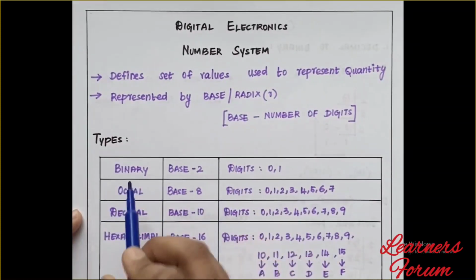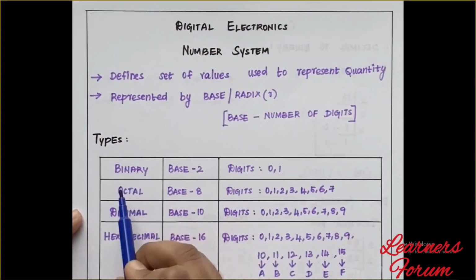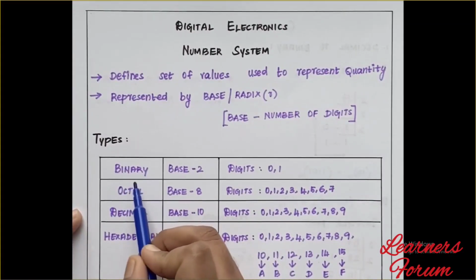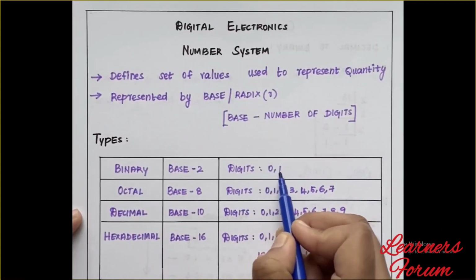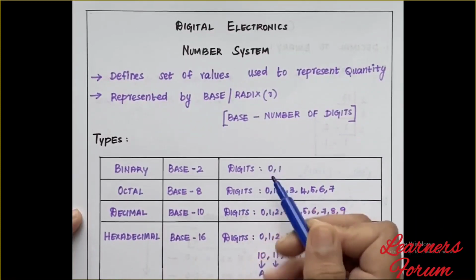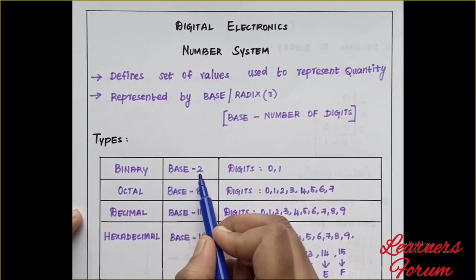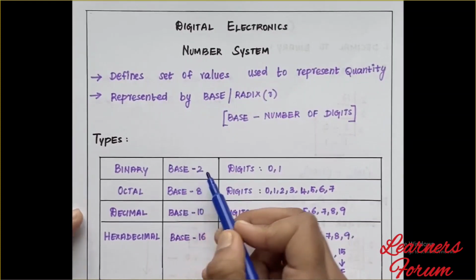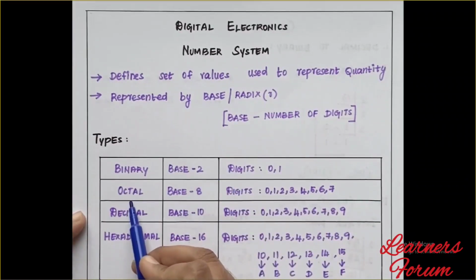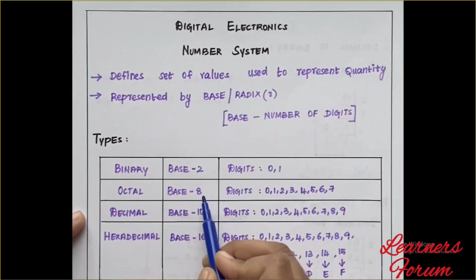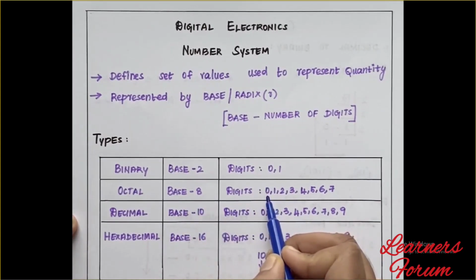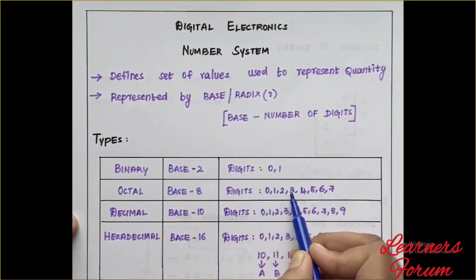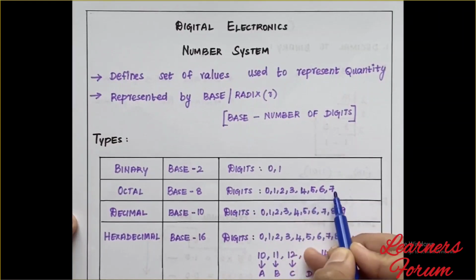The first type is binary, which is represented by base 2, and the digits involved are 0 and 1. The next type is octal, whose base is 8 and the digits are 0, 1, 2, 3, 4, 5, 6 and 7.